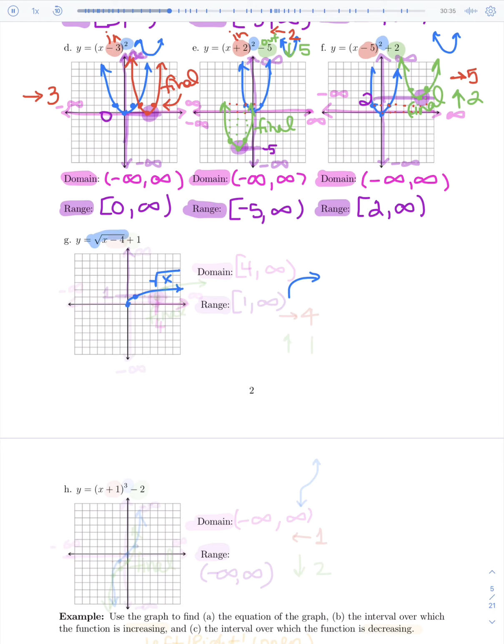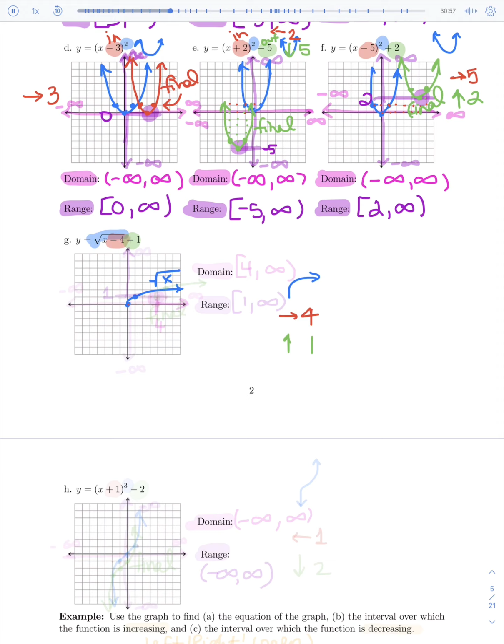However, we have a minus 4, which is going to shift us to the right 4. And then we've also got a plus 1 here, which is also going to shift us up 1.